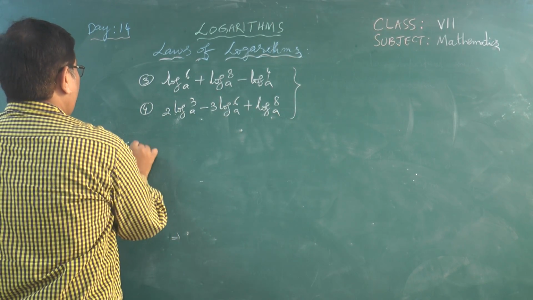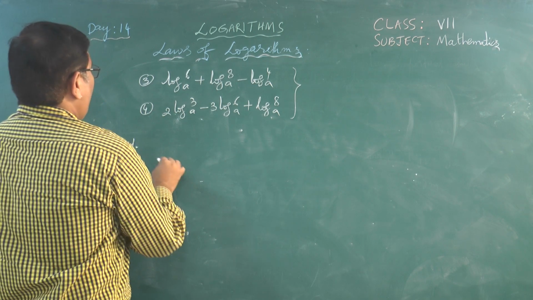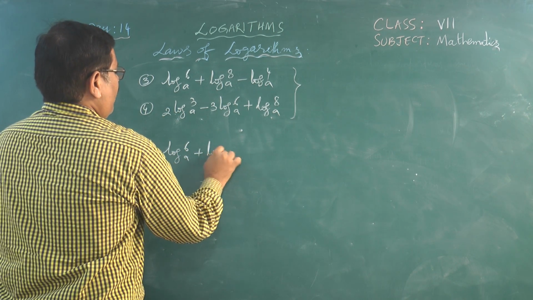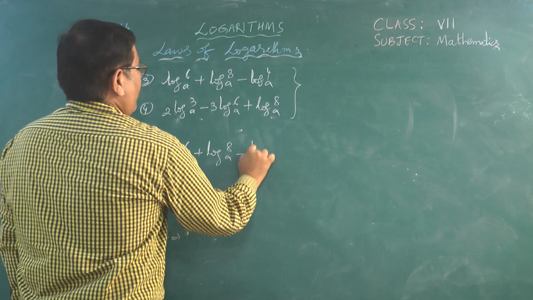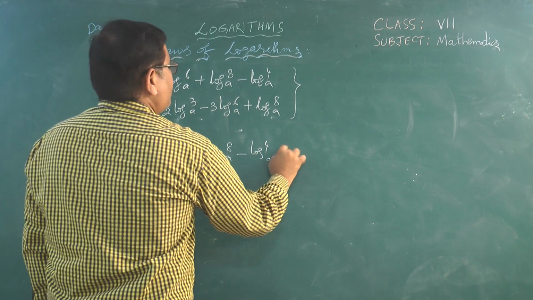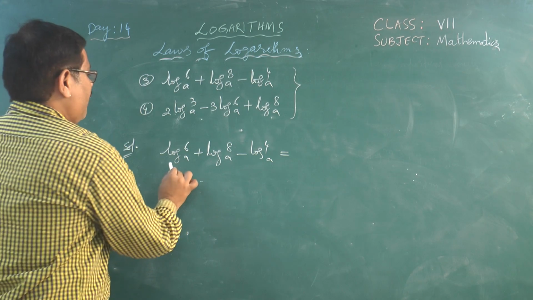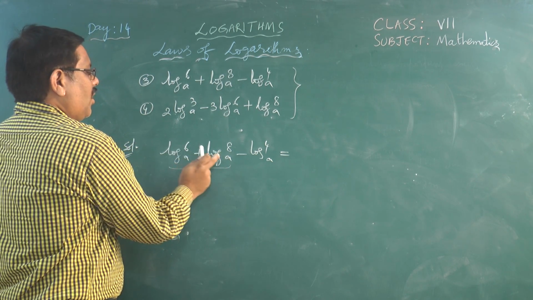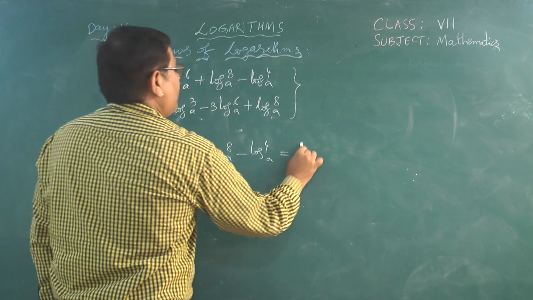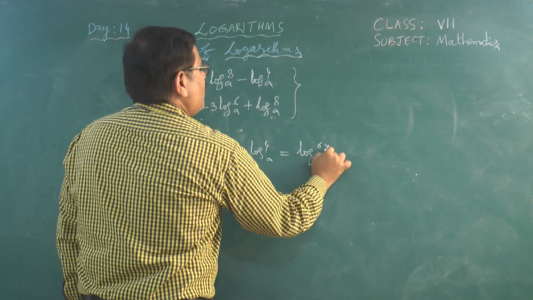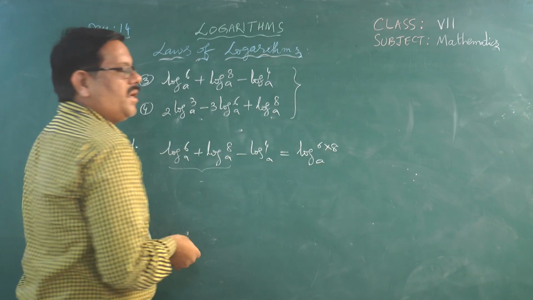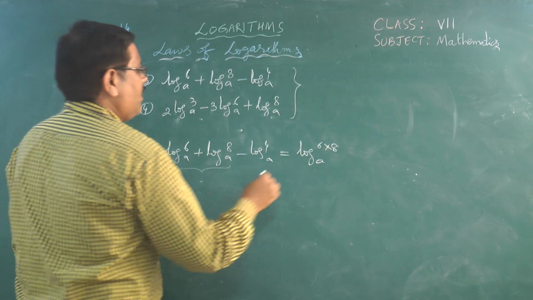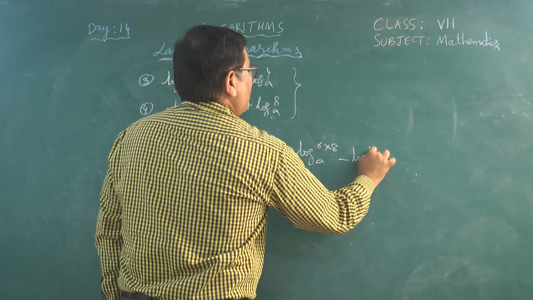Now solution. If you take the third question, log 6 to the base a plus log 8 to the base a minus log 4 to the base a is equal to, okay, if you take these two, this is nothing but the sum of two logs with the same base. So we can write it as log 6 into 8 to the base a, according to the first law, minus log 4 to the base a.